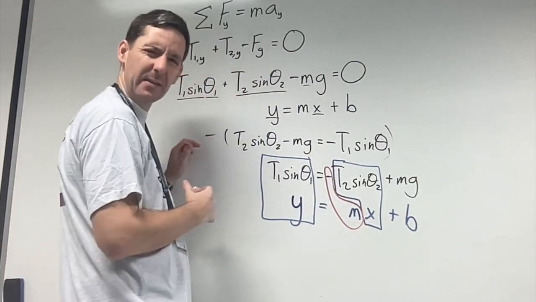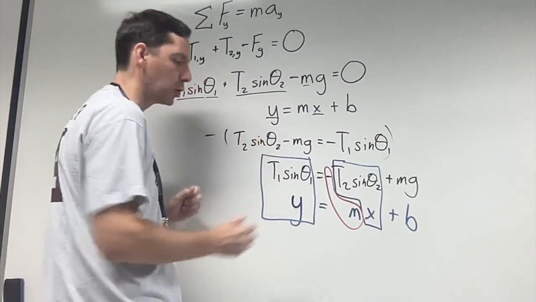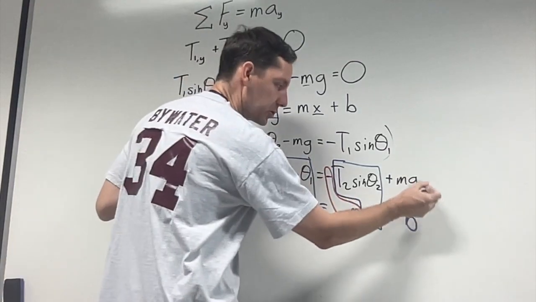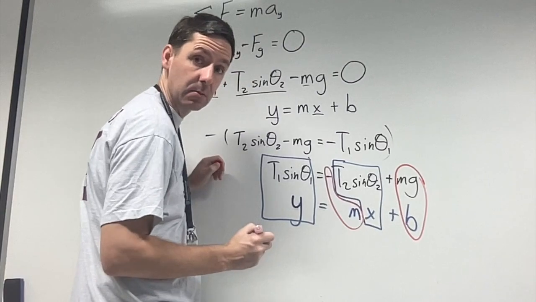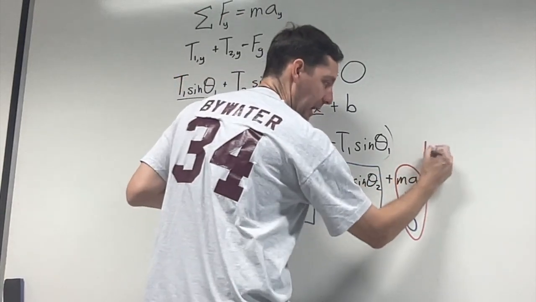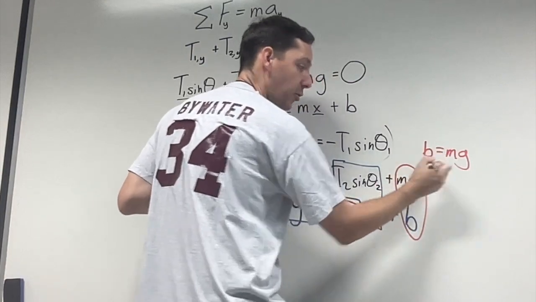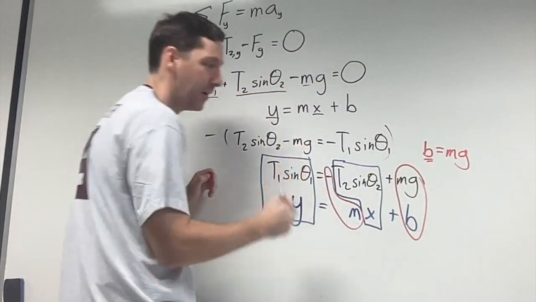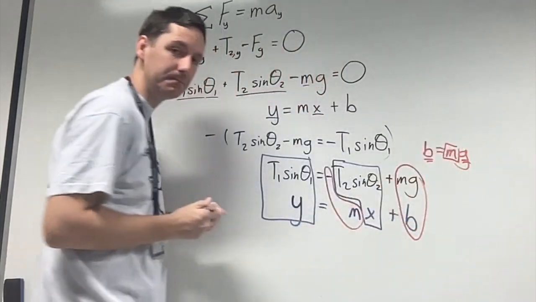And hopefully we'll see that when we graph this in just a little bit. It may be a little bit off, but hopefully it's close to negative 1. What we also see is that my y-intercept should be mg. So if my y-intercept is mg, then if I can find the y-intercept of my graph, and I know g, then I can calculate m.